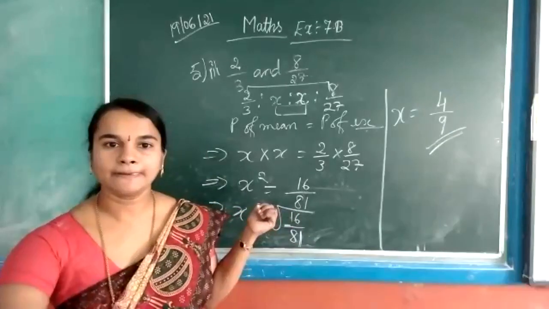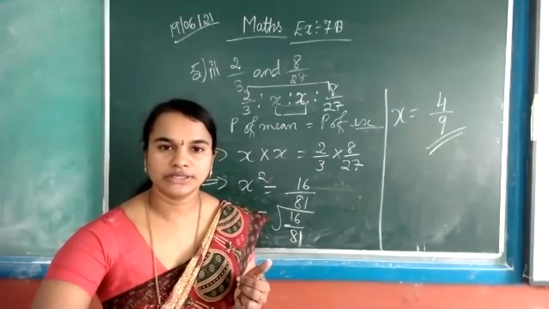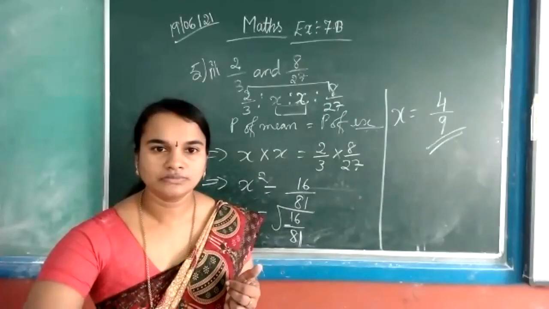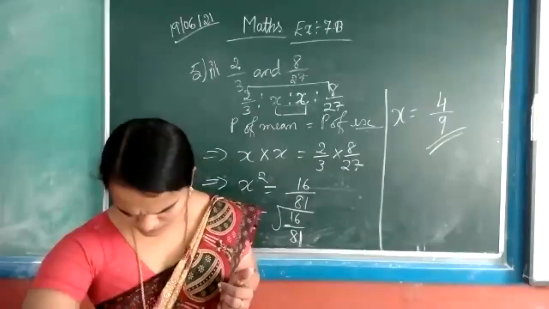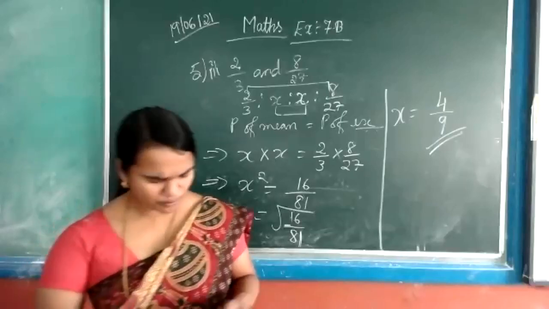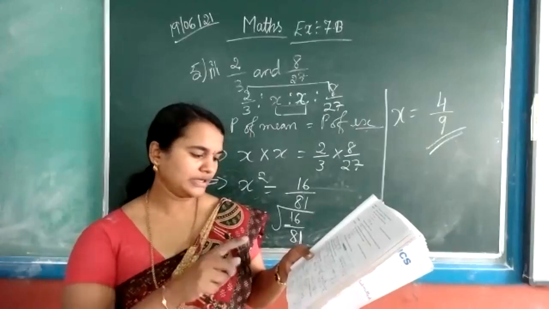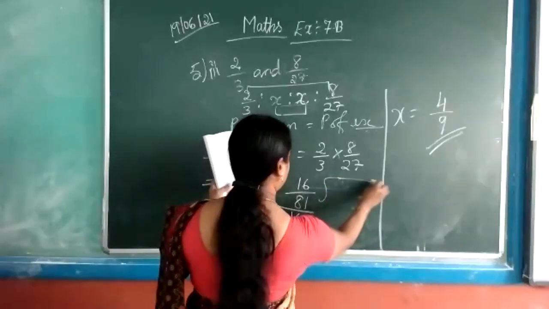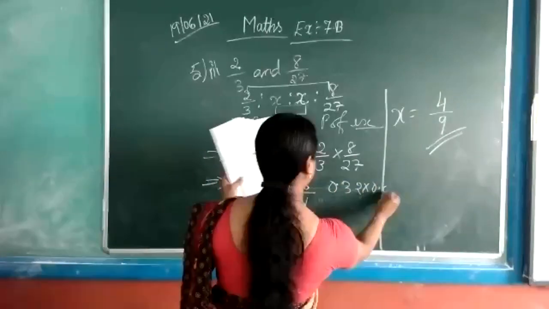Sonakshi, any doubt? Ma'am, can you please tell me the concept of the fifth, fourth one? I can't understand this. Here 0.32 and 0.08. So it will become the same way, x into x square. You will get 0.32 into 0.08.